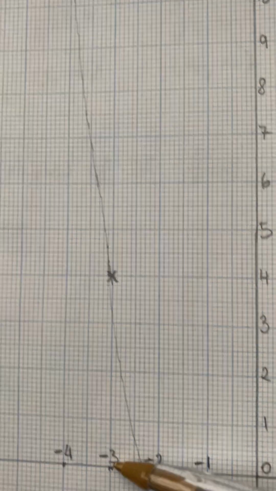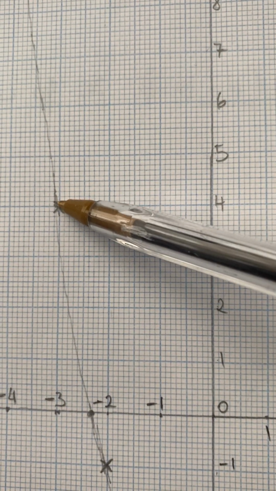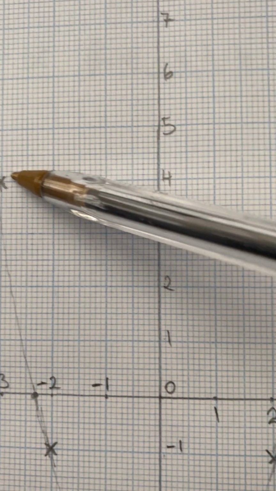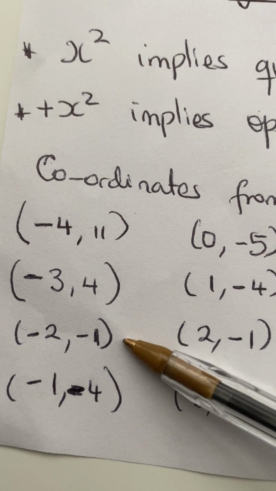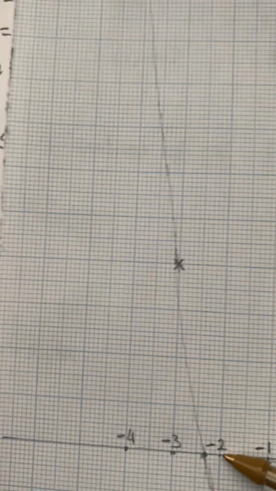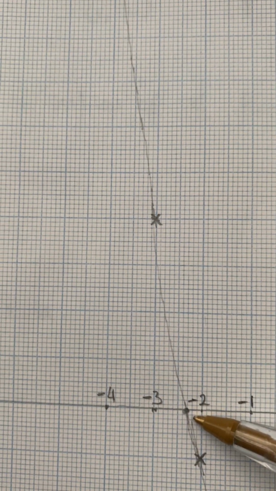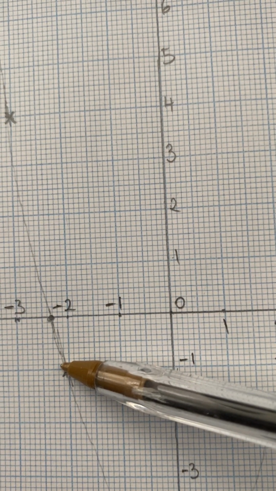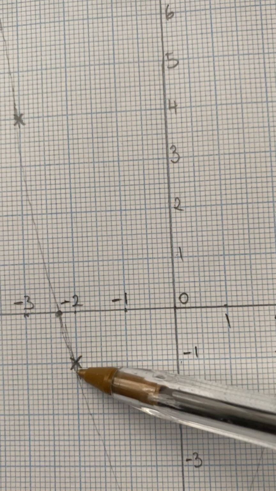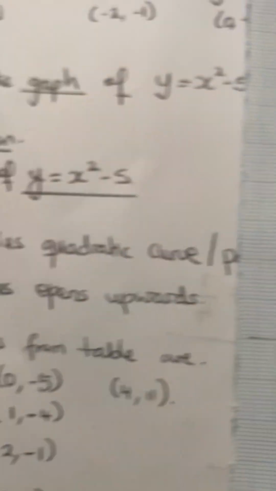So -3 and 4 there. -2, -1. So -2 here, -1 there. That is the point, the coordinates here.